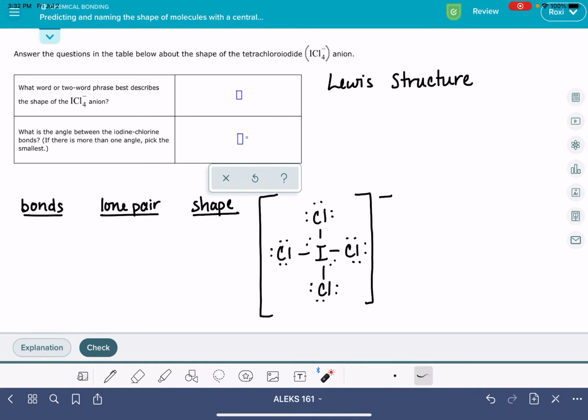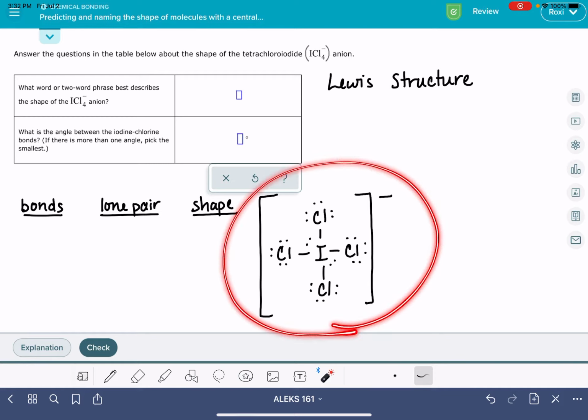So if I have 4 bonds and 0 lone pairs, that shape is tetrahedral. If I have 4 bonds and 1 lone pair, that shape is trigonal pyramidal, etc. So you're going to want to find a table that has all of this information together.